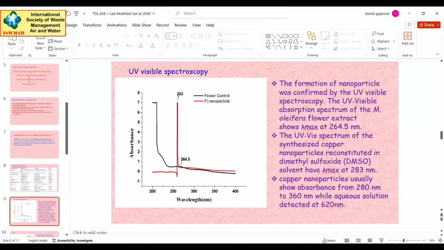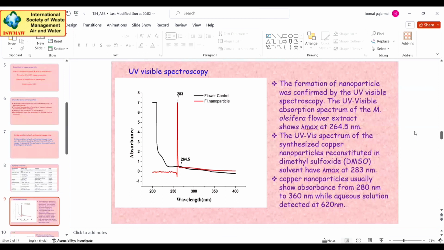The UV visible absorption spectrum of Moringa oleifera flower extract shows the lambda max at 264.5 nanometer, while the UV visible spectrum of the synthesized nanoparticles, which are reconstituted in DMSO, that is dimethyl sulfoxide, shows the lambda max at 283 nanometer.